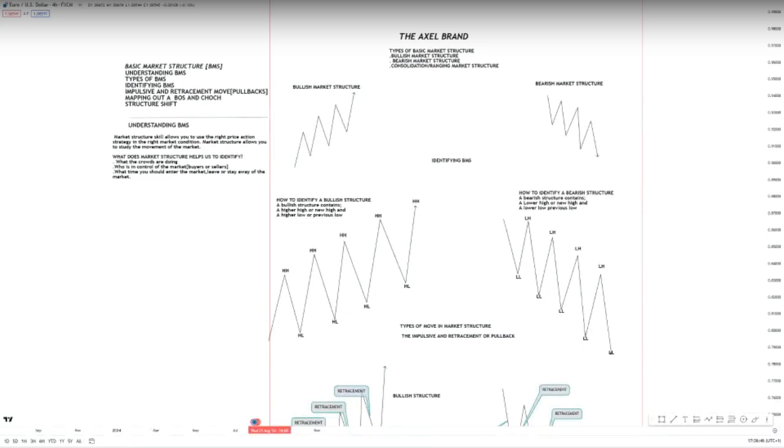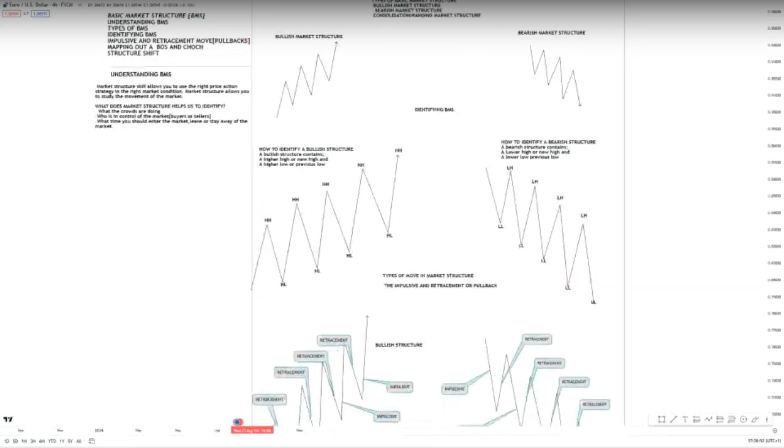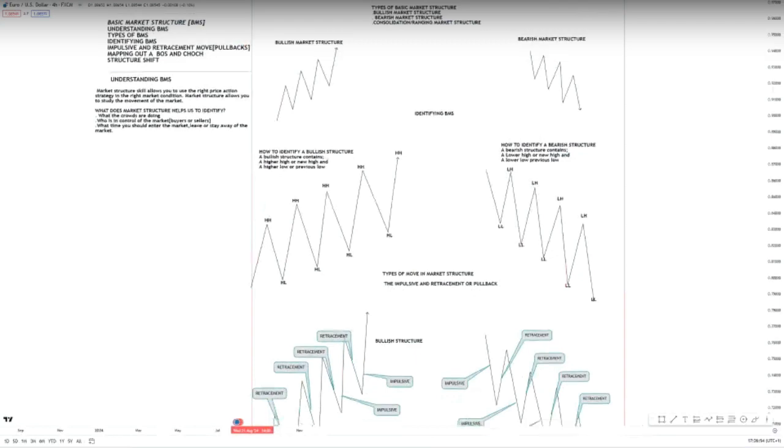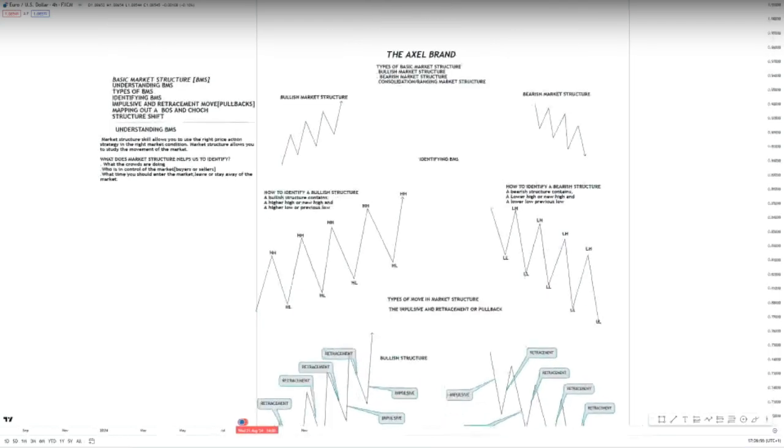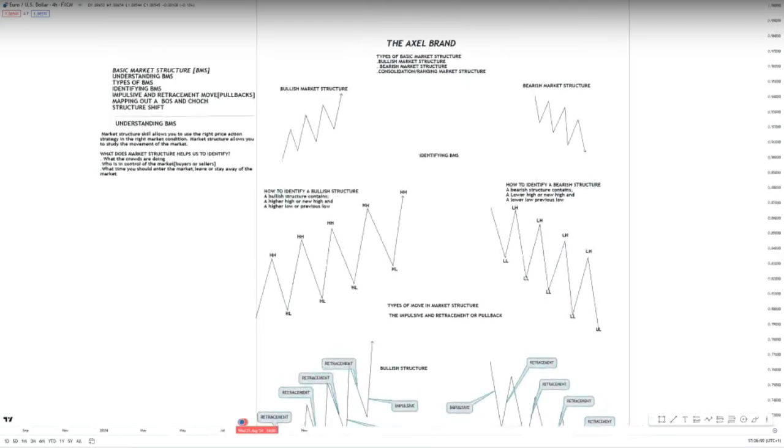Those are important, but I just want to start with basic market structure, then maybe go back to candlestick patterns and chart patterns before I continue with the advanced market structure. I hope that's okay with you guys.